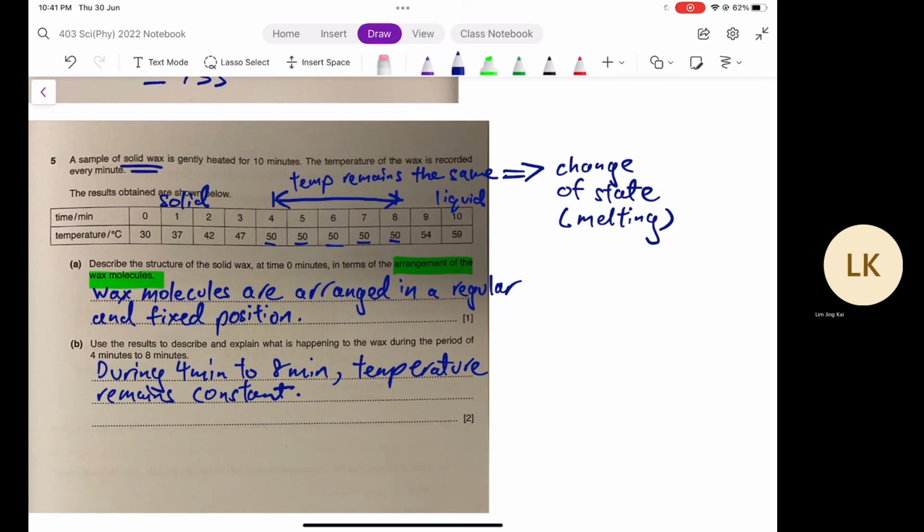What do we do then? Now we need to link it back to melting. So this indicates that the wax is melting. This is how you link the answer back together using the information that is already given.